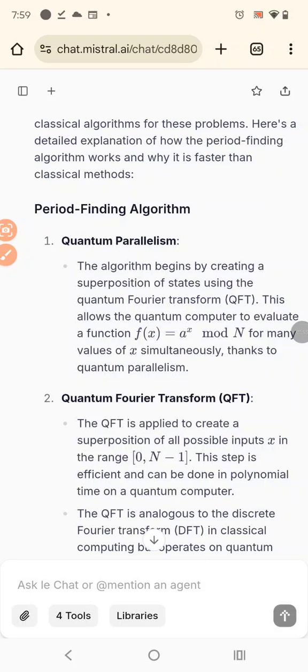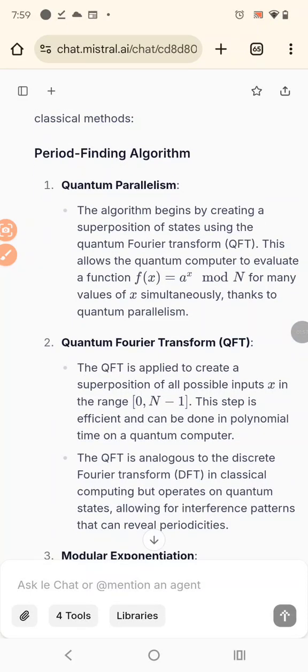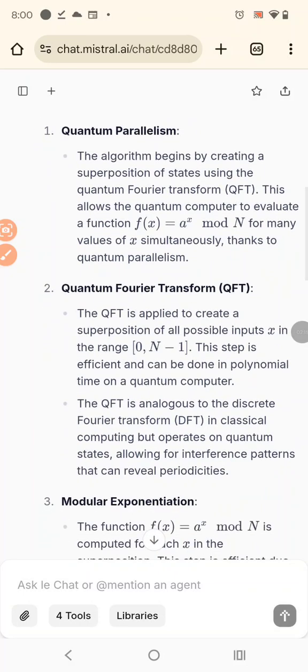And the other thing is the quantum Fourier transform, which is applied to create a superposition of all possible inputs x in the range of 0 to n minus 1. This superposition represents all possible inputs of x. This step is efficient and can be done in polynomial time on a quantum computer.